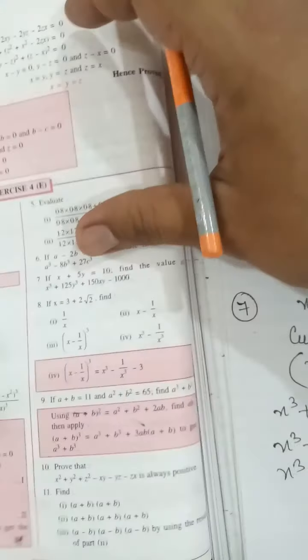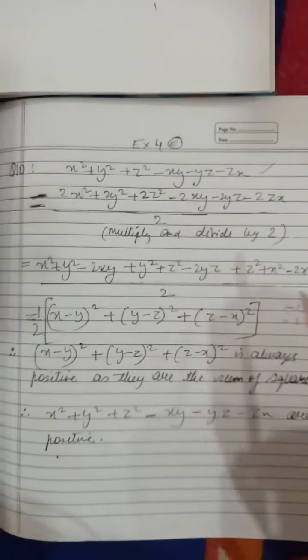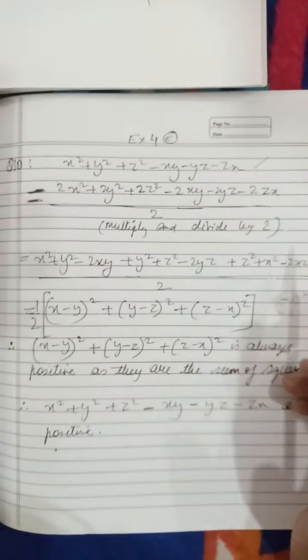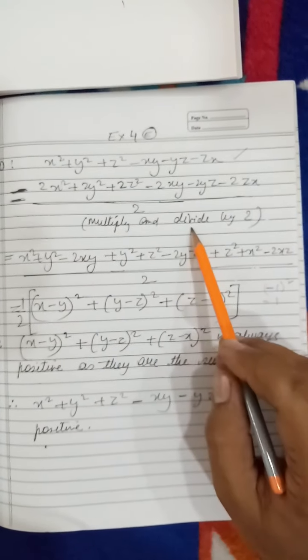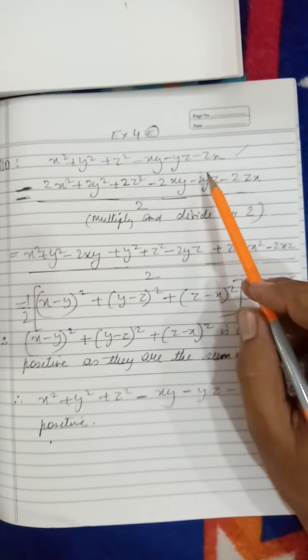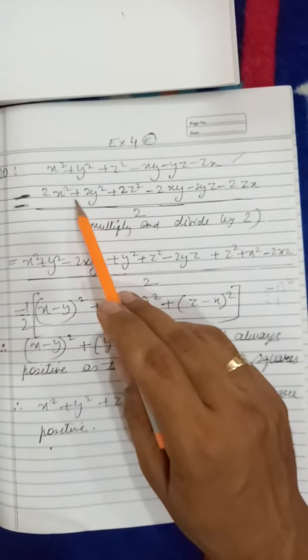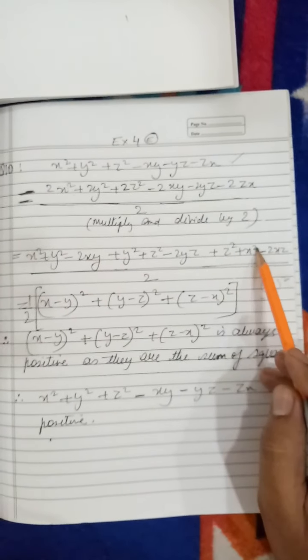Now how to solve this question? In this case, the question is given, multiply and divide by 2 in numerator and denominator, and rearrange 2x square in two forms, x square and x square.